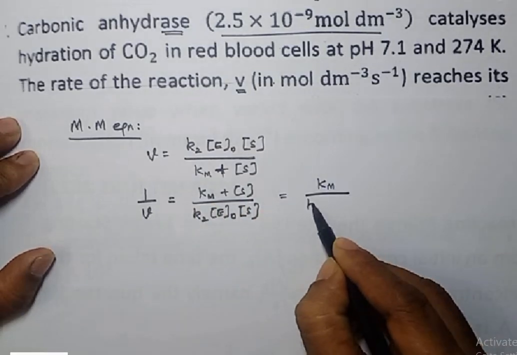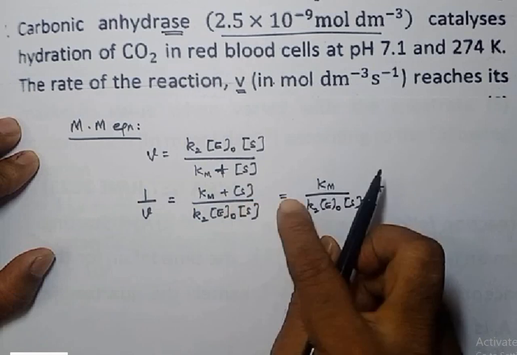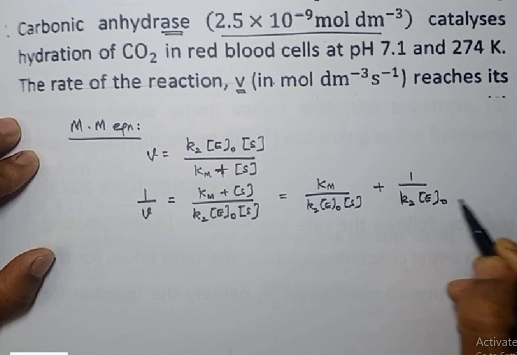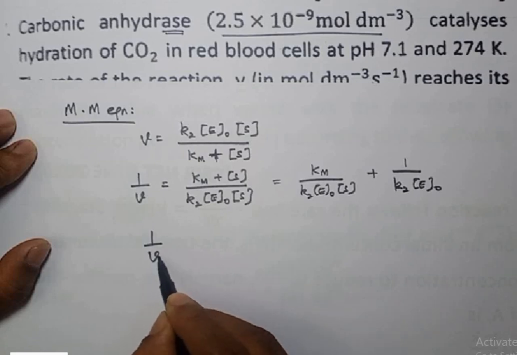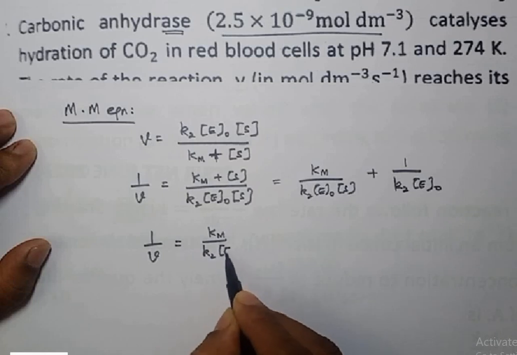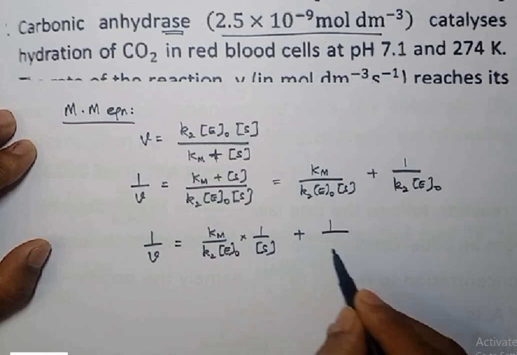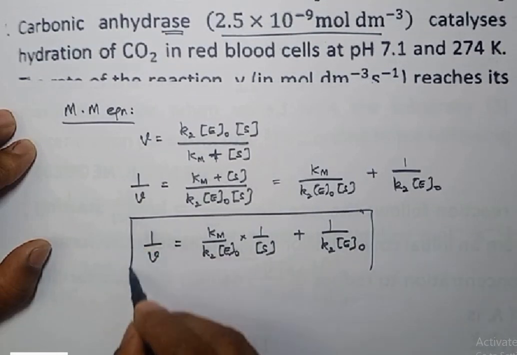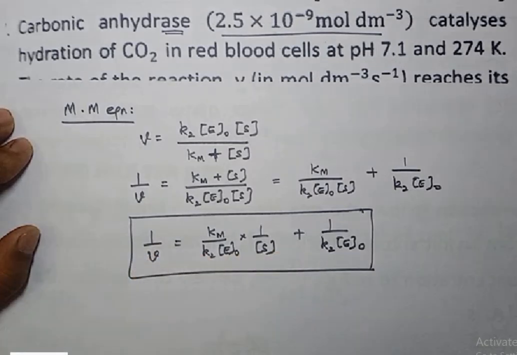Km by K2 into E naught into S, plus S by this, S cancels, so 1 by K2 into E naught. So let me write here 1 by V equal to Km by K2 into E naught, into 1 by S, plus 1 by K2 into E naught. This is what we call the reciprocal relation. We have taken the reciprocal of V and the reciprocal of S.